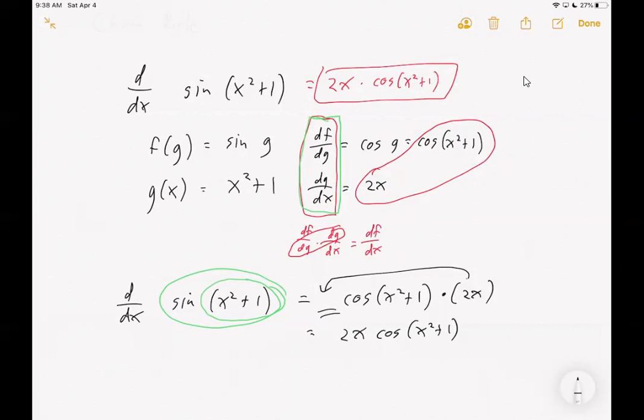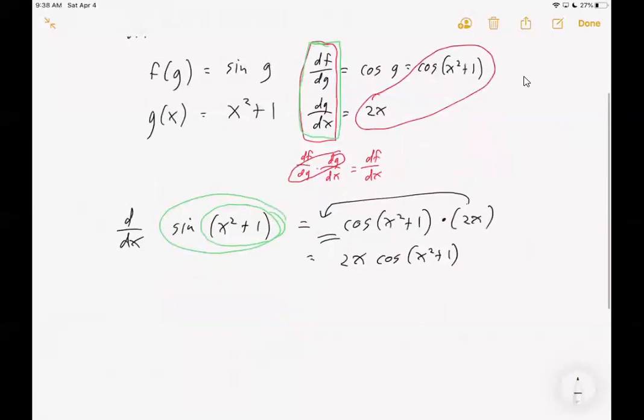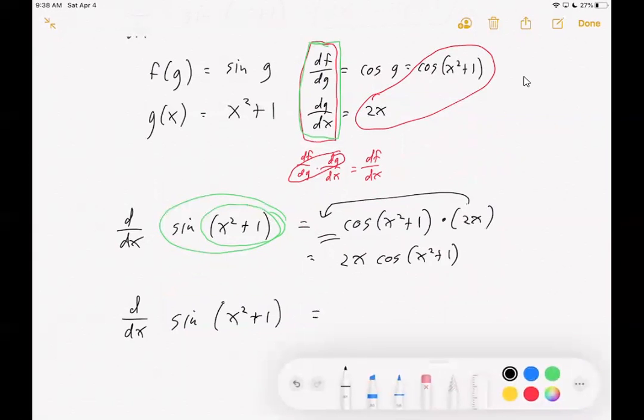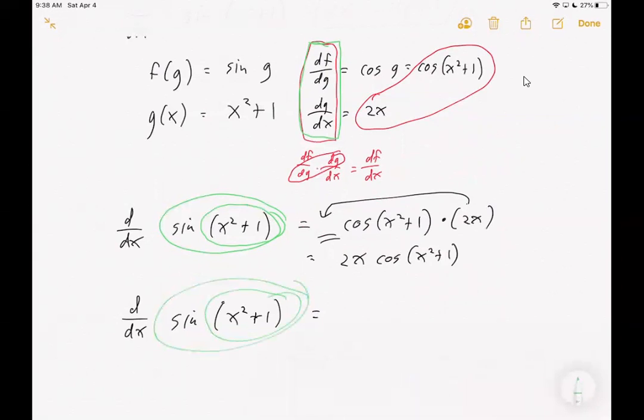I also could have gone inside out. Let me just do that again. What I want you to do to show me your work is simply circle the rings: inner ring, outer ring. We have an outer function with an inner function in it.